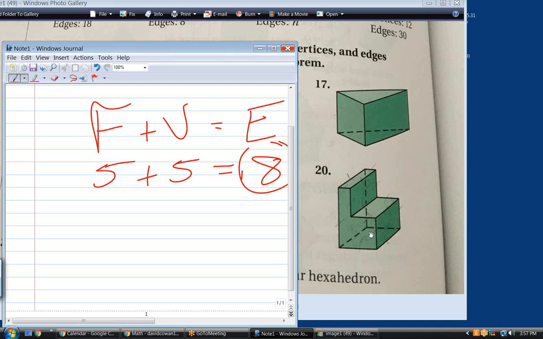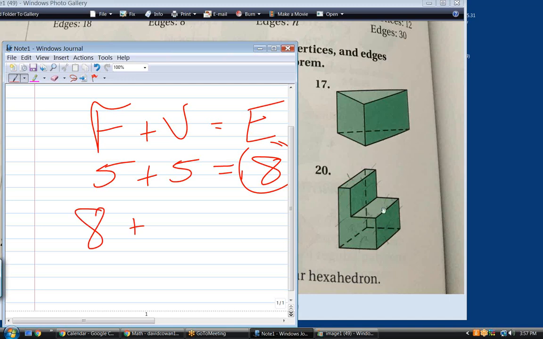That's a total of 5. And then we have 6, 7, 8. I see 8. That's what I said, it's 8. Okay. Sorry, in the process of counting them up, I lost track of them.